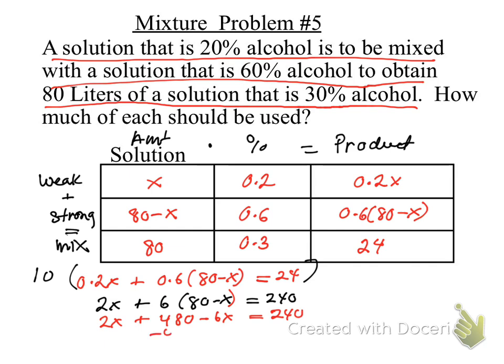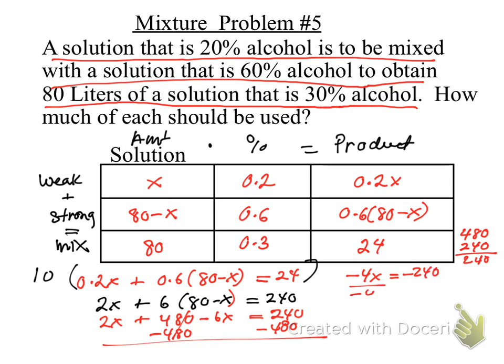I'm going to subtract 480. Subtract 480. 480 minus 240 is 240. And I'm left with negative 4x equals negative 240. Divide by negative 4.